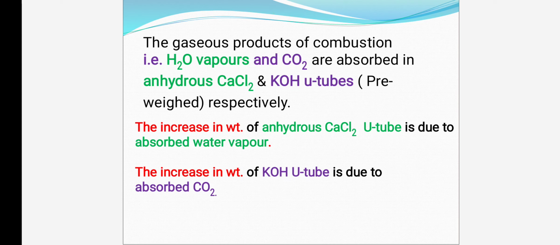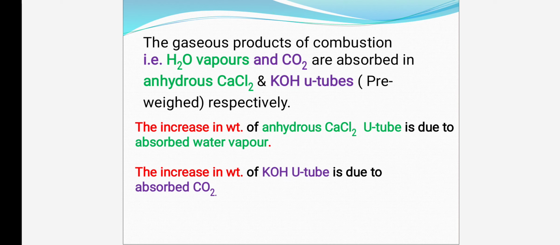Before carrying out the experiment, we have to take the initial weight of those U-tubes. Now after the experiment, what will happen? Weight of those U-tubes will increase. Who is responsible for the increase in weight of U-tubes? Because H2O and CO2 get absorbed in those U-tubes.